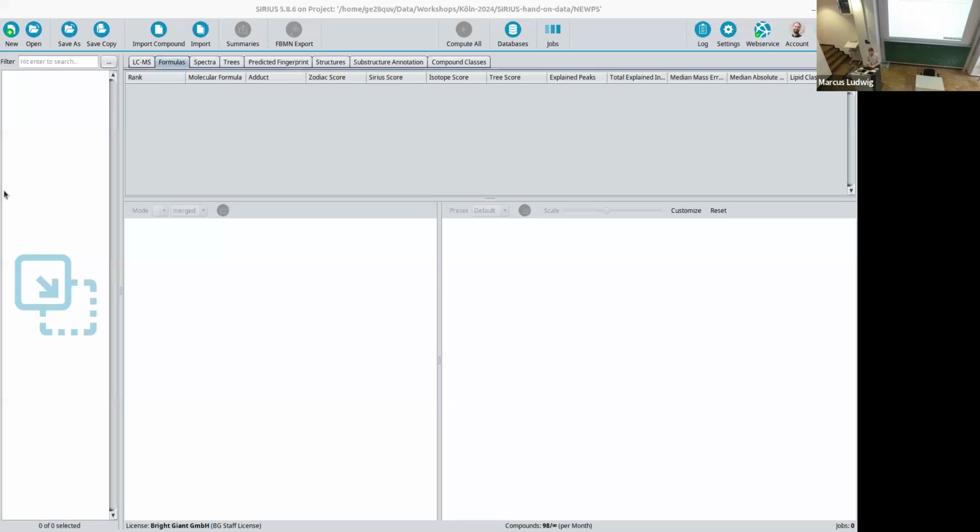If you now want to analyze the MZmine data, you can either open it with the import button or just drag and drop it here. I'm now using this export, Sirius not merged, from the drive. And it just imports everything in here.